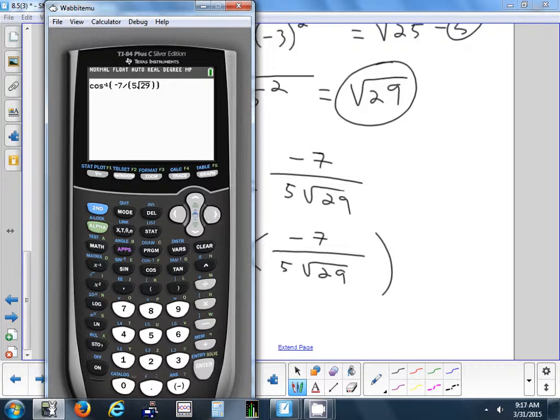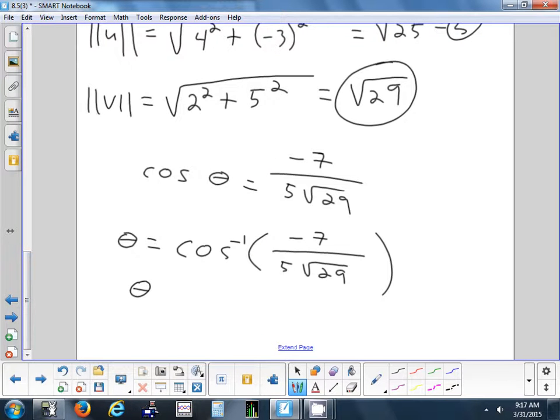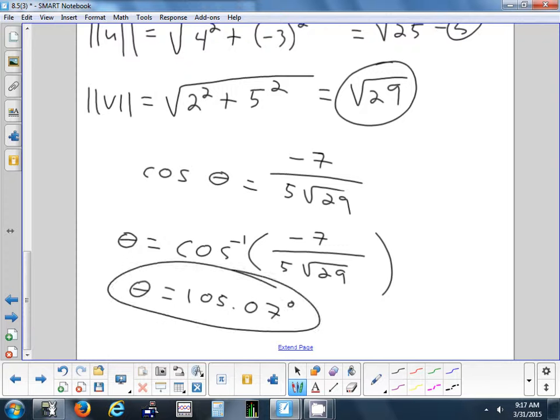Now it'll do 5 times the square root of 29 first, then -7 divided by that. And now it works. That's correct: 105.07. That's the angle between those two vectors. Any question on that? So that's how you find the angle between two vectors.